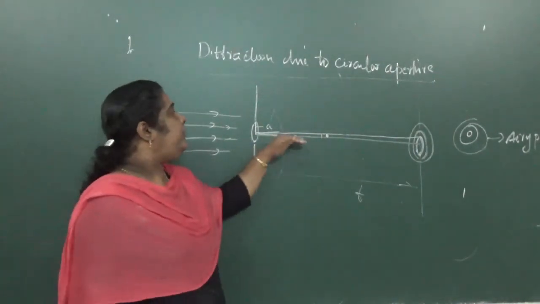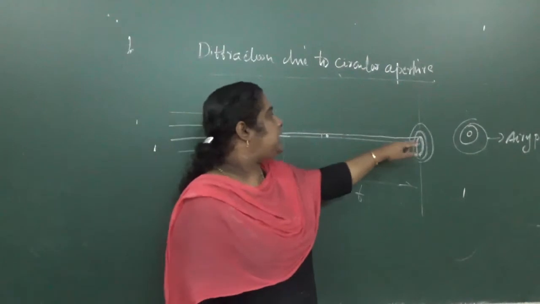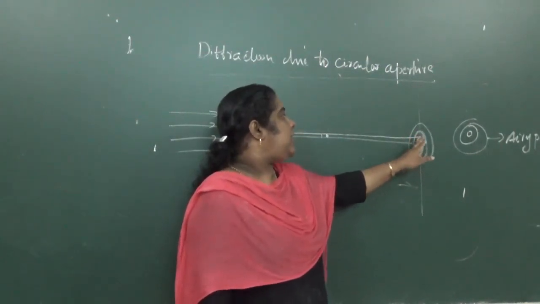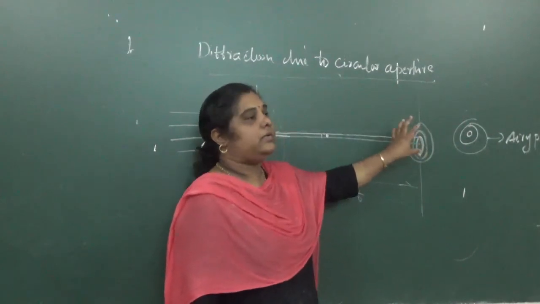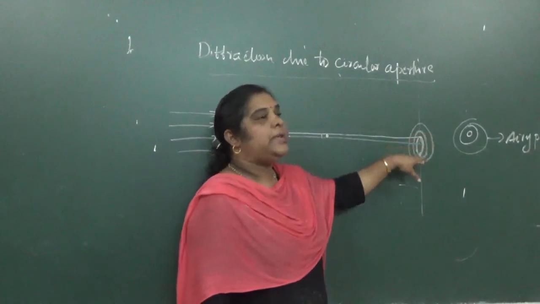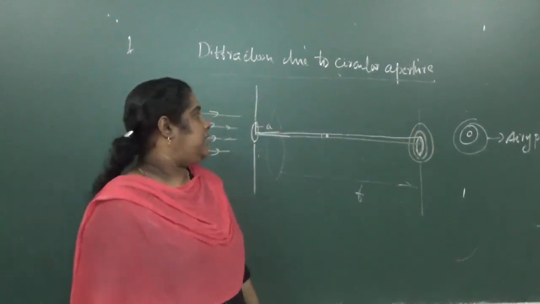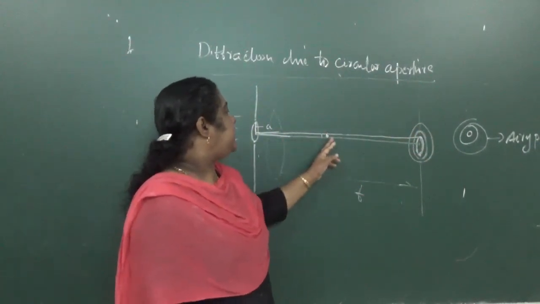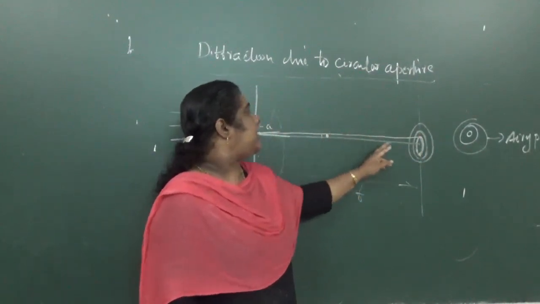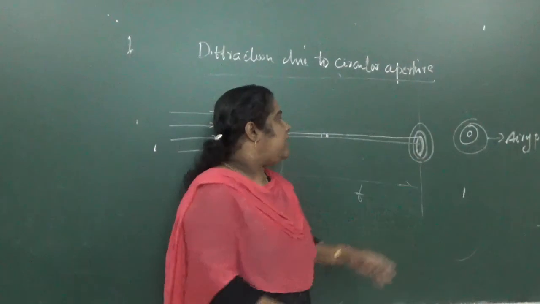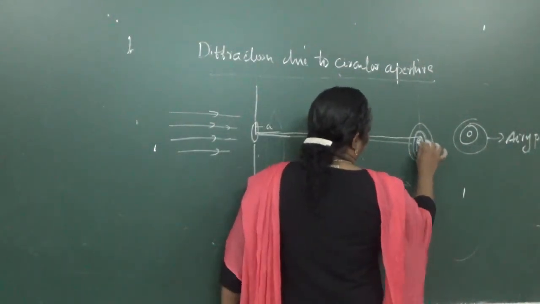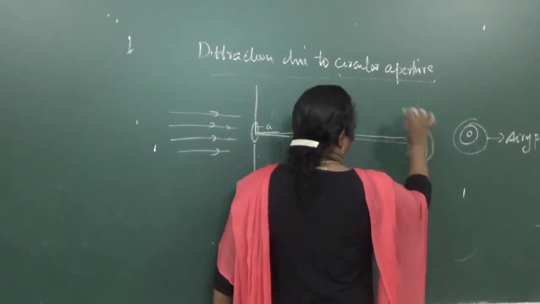Where do we get these maxima and minima, the circular dark and bright rings on this screen? I have taken theta as the angular divergence corresponding to the first dark ring. This is our central maxima, where theta is equal to 0.